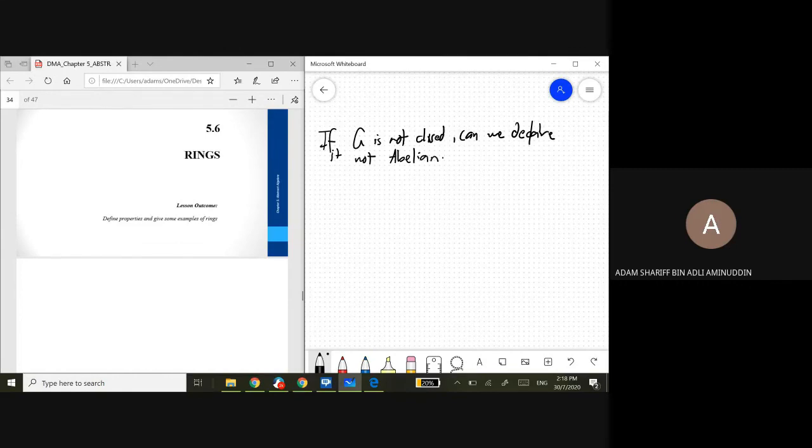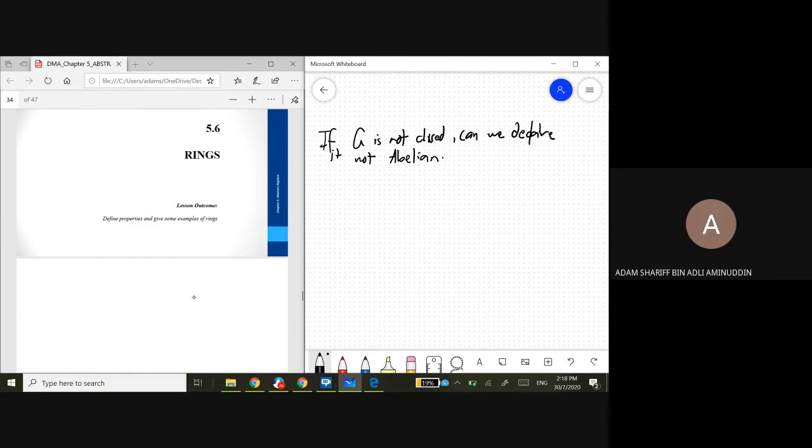Okay. Yes, actually, if it is not closed, you can declare it is not abelian, because this is a counter example. Abelian must satisfy all. However, if the first condition is not satisfied, by principle, yes, you are correct. We can declare it not abelian group.